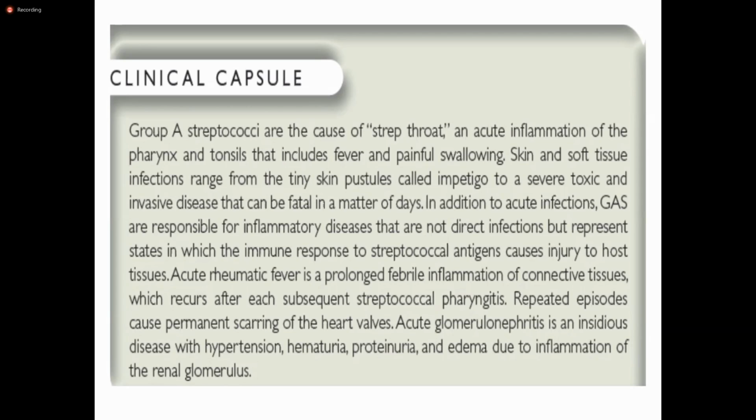So rheumatic fever starts as tonsillitis, and then after 2 to 3 weeks, it is complicated by inflammation of the heart, carditis, of glomeruli, acute glomerulonephritis, and of the joints, arthritis. So streptococci can cause strep throat, skin infection, impetigo, TSS, or go systemic, right?